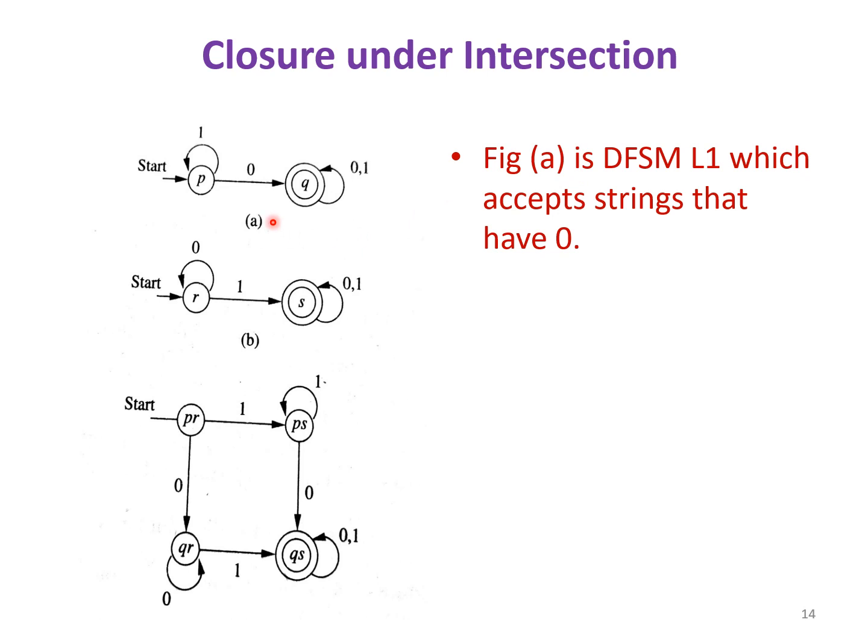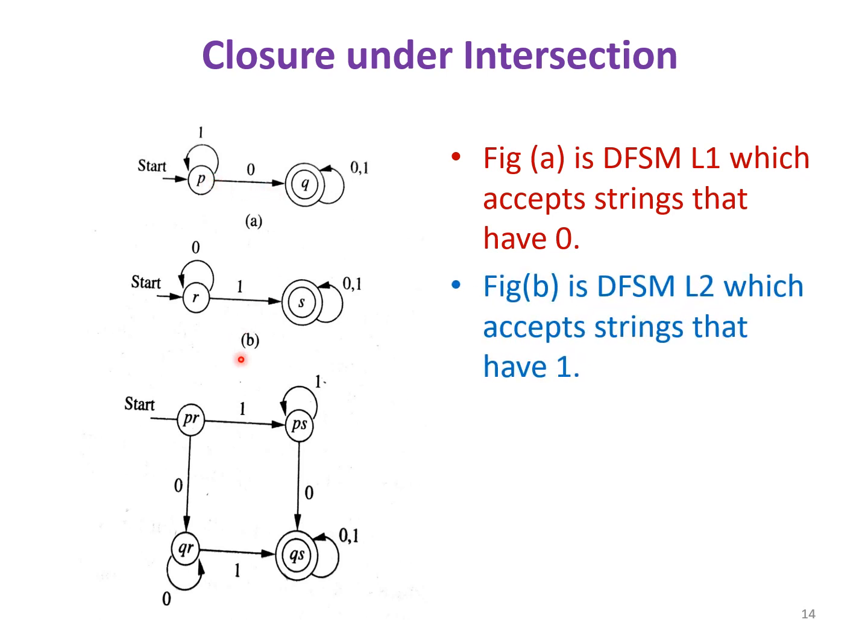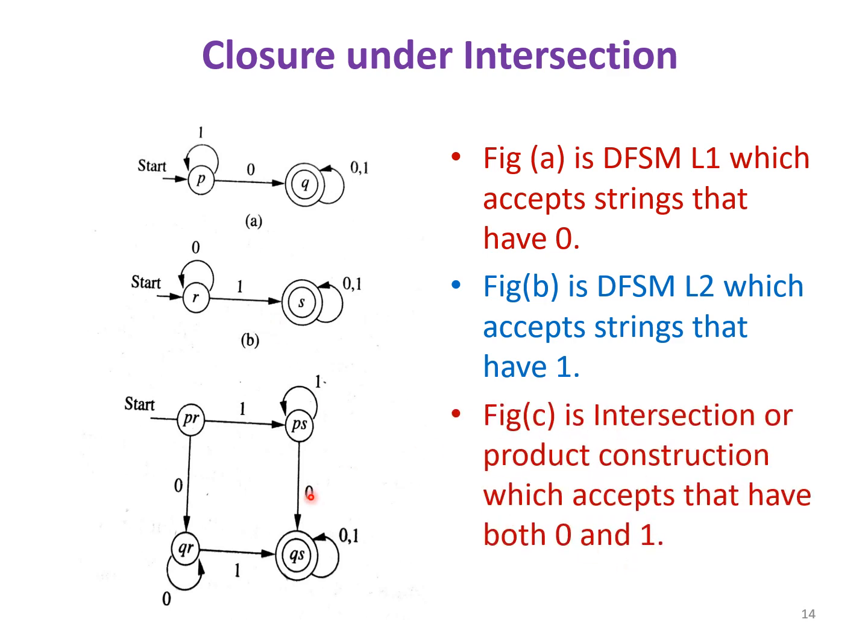Figure A is a DFSM for L1 which accepts the strings that have 0. Figure B is a DFSM for L2 which accepts the strings that have 1. Figure C is the intersection or the product construction which accepts strings that have both 0 and 1.